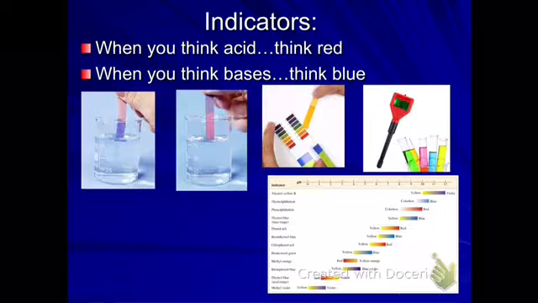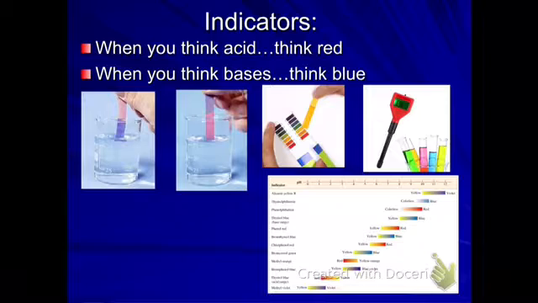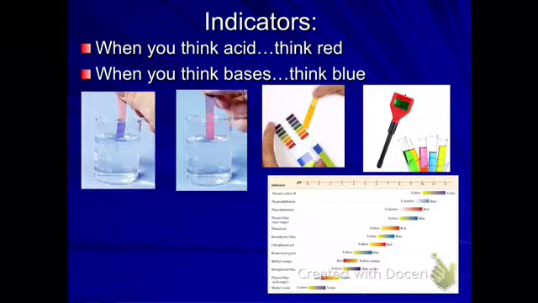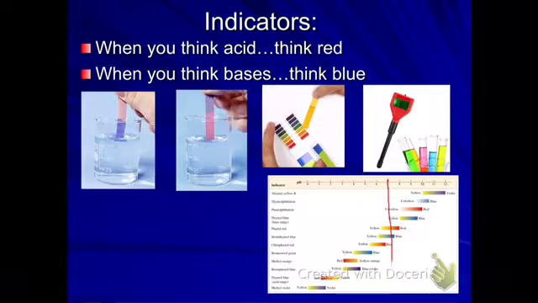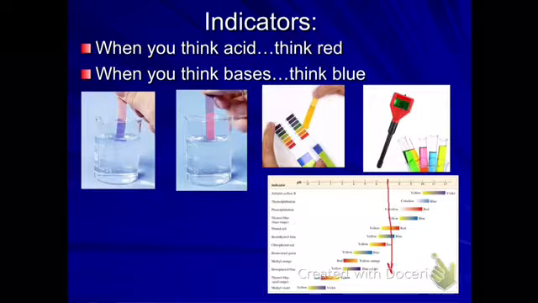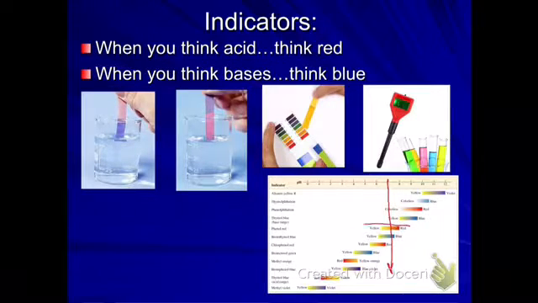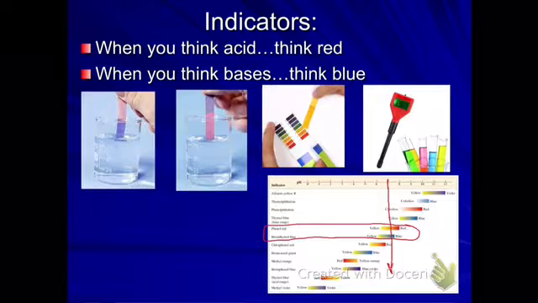But if you did, some of the indicators that would work really well are the indicators that change color around a pH of 7. In this picture, I know it's kind of hard to see, but if we come straight down at 7, there's a couple different indicators that might work for you. These are some of the more familiar ones that we work with: phenol red and bromothymol blue.